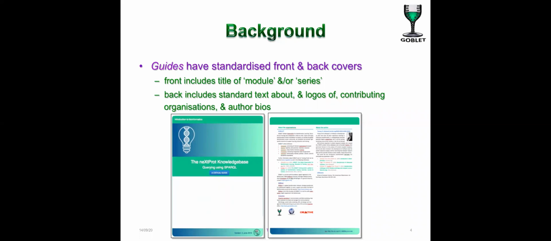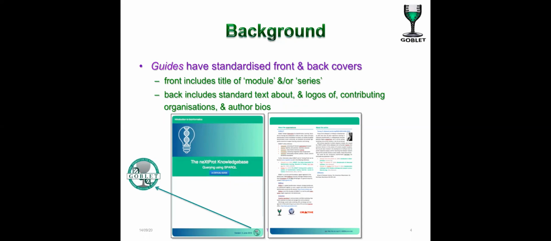Each guide has a standard front cover, which tells you something about the title of the module or series. And every back cover contains the same information, standard text about the participating or authoring organisations, and about the individual authors themselves.